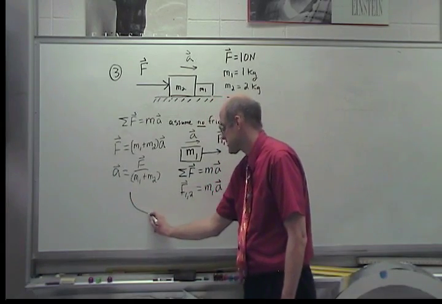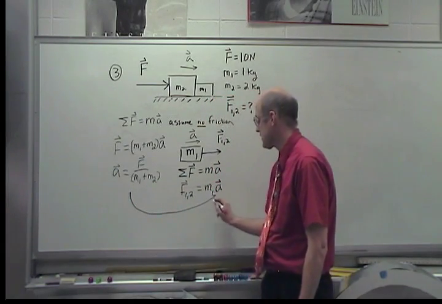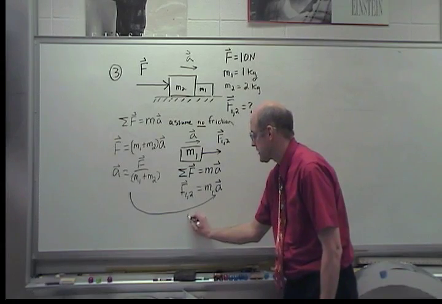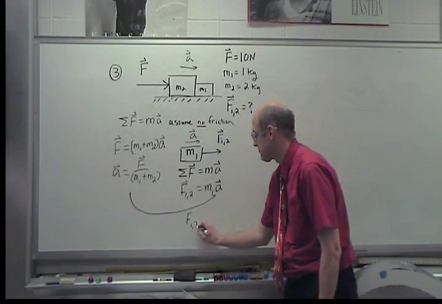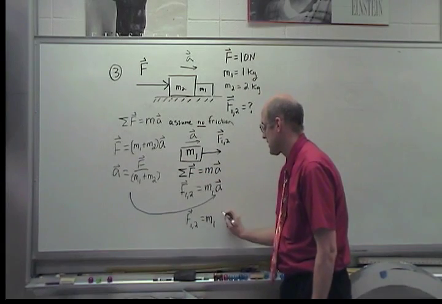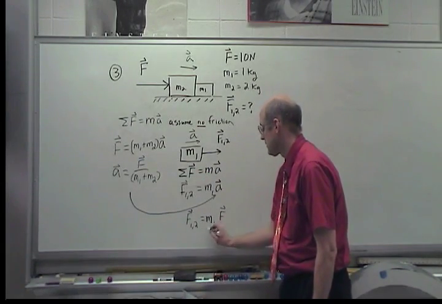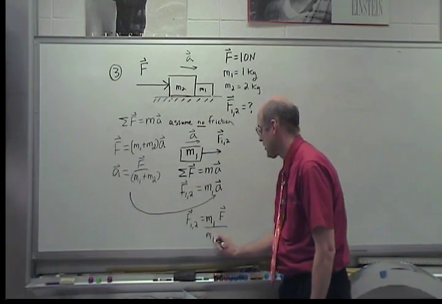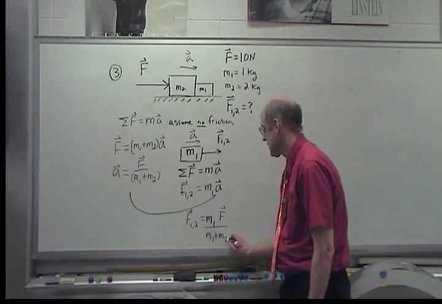So let's take this and substitute it into here. So I get F12 equals m1 times F divided by m1 plus m2.